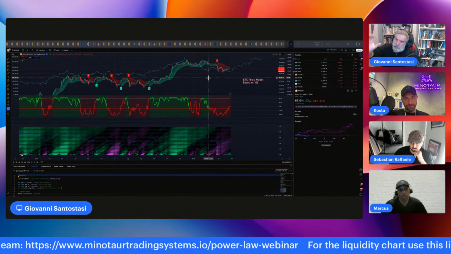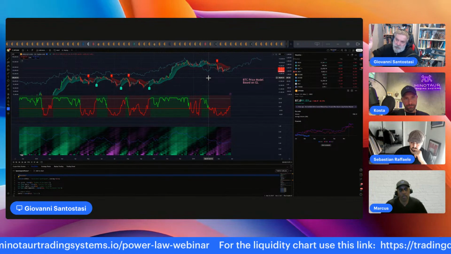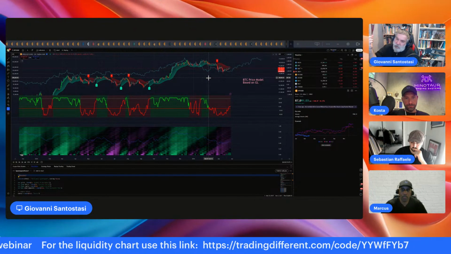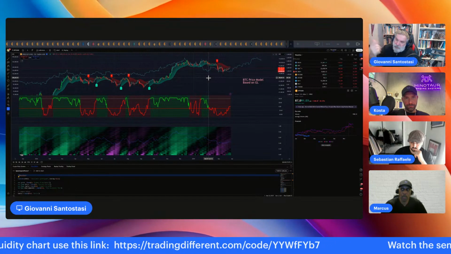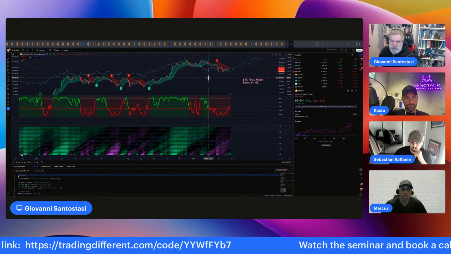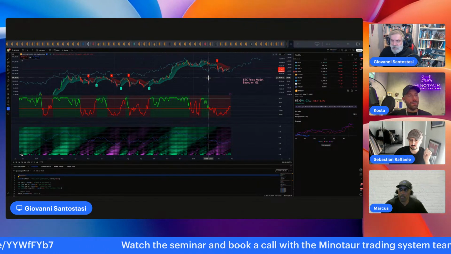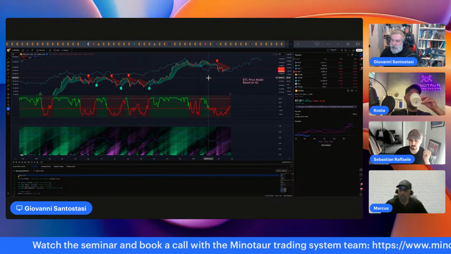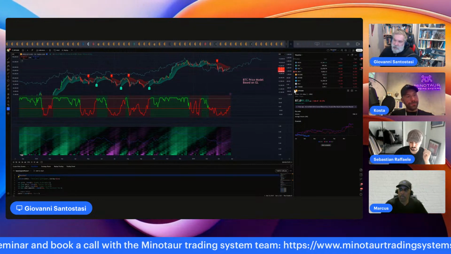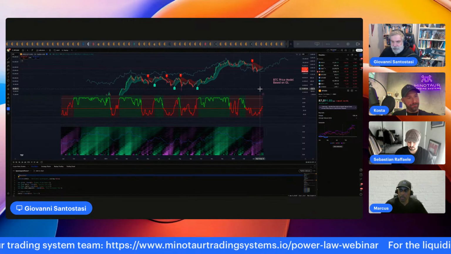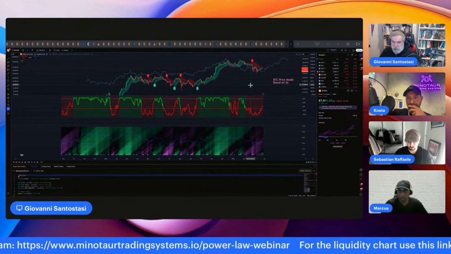So 10% is 1.1 if you express it as a ratio, and you take the power 9.3 of that number, you get 2.4. It sounds crazy, right? But this is what the math shows, that a 10% change in global liquidity should produce almost a doubling of price if the relationship continues to be true.